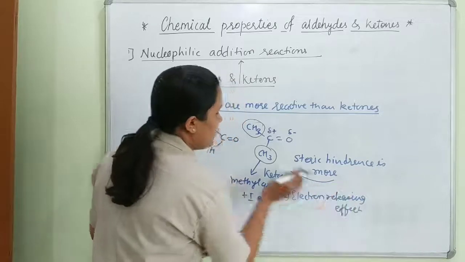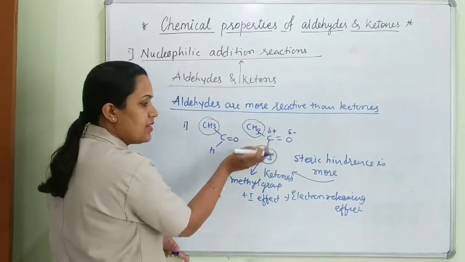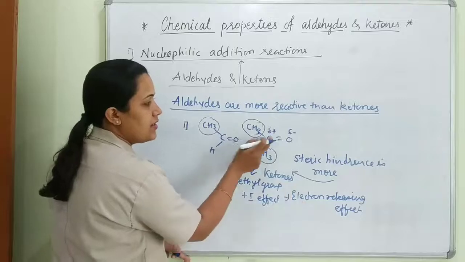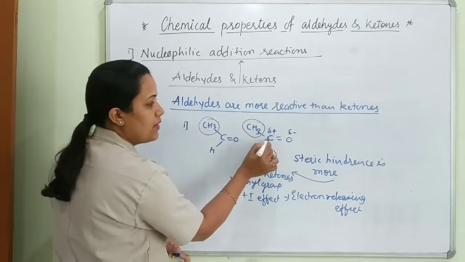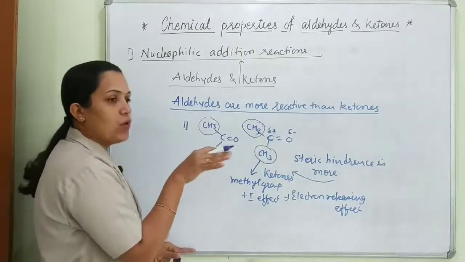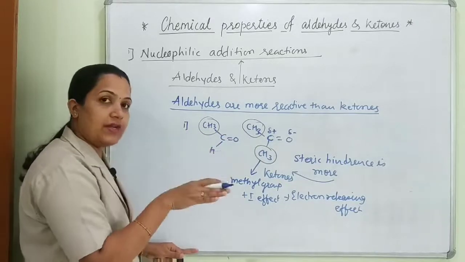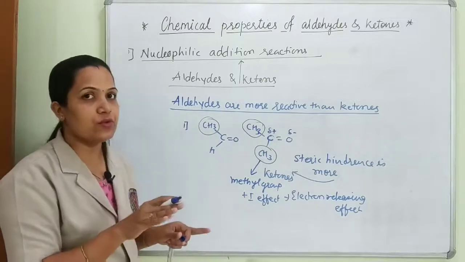So when these two methyl groups increase the electron density on this carbonyl carbon, they actually reduce the polarity, and if the polarity reduces, the reactivity will also reduce.